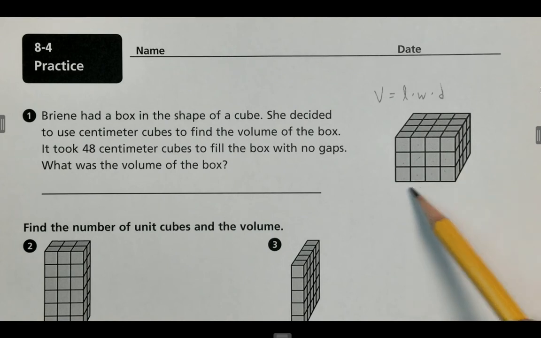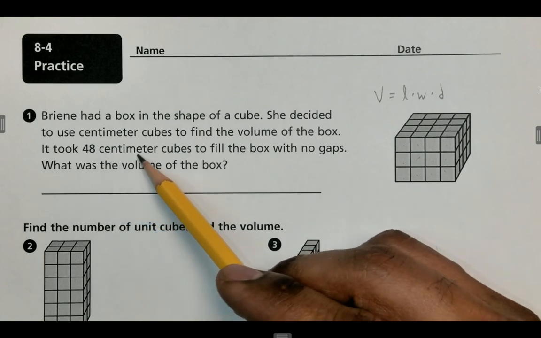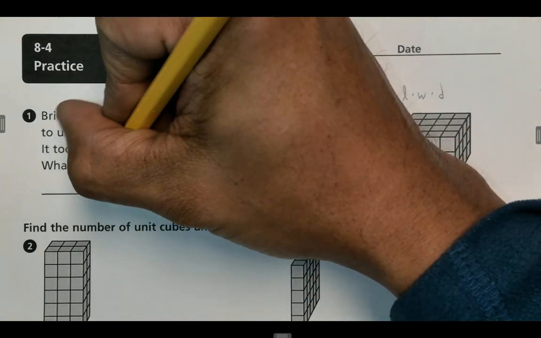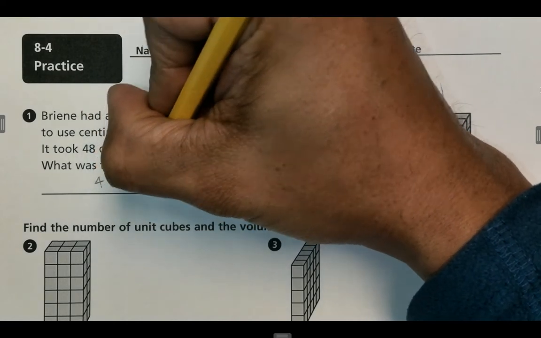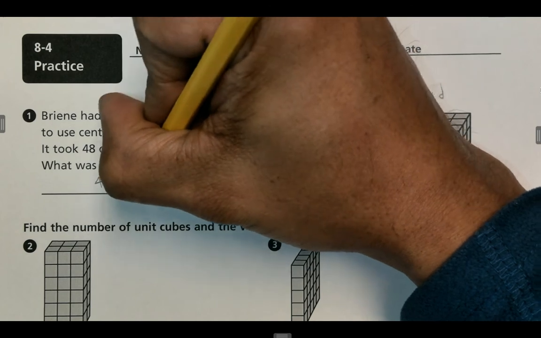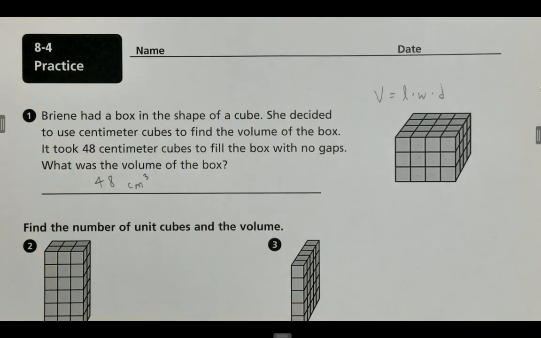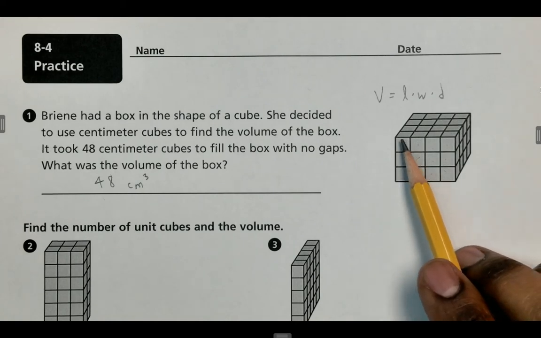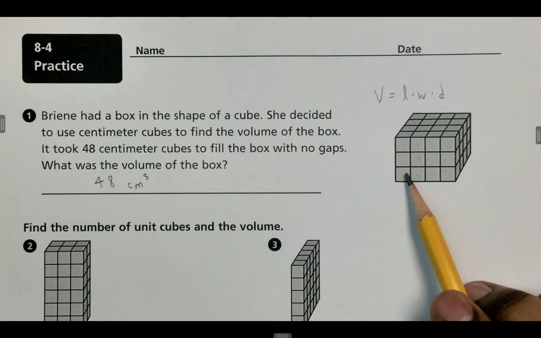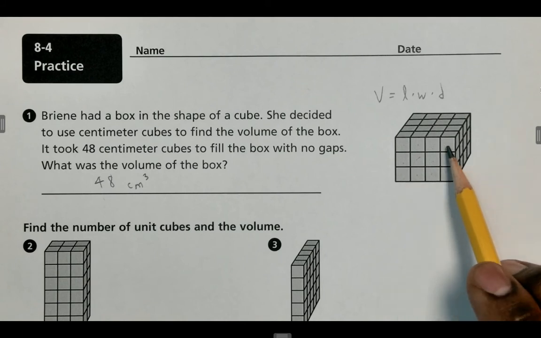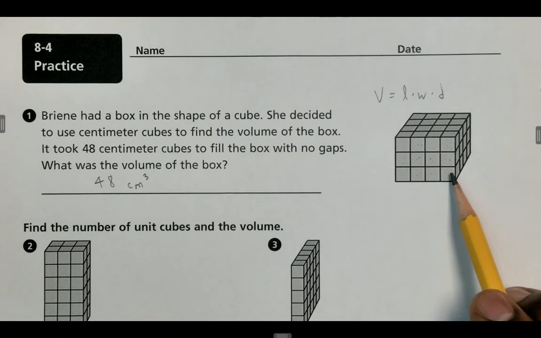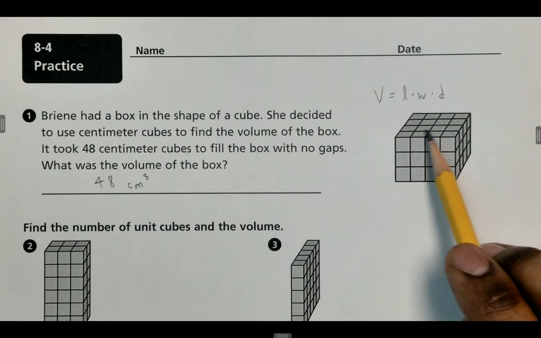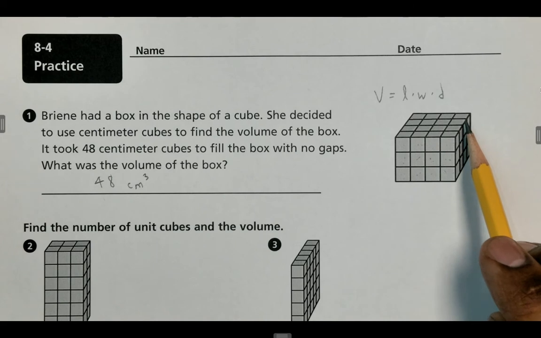Well, in this problem, they give us the answer. The volume is 48 cubic centimeters. And the way you can write cubic centimeters is you can put cm and then a raised 3 there. But if we imagine that this is a face, and the face is 4 by 3, the face has 12 cubes, and you need 4 of those.